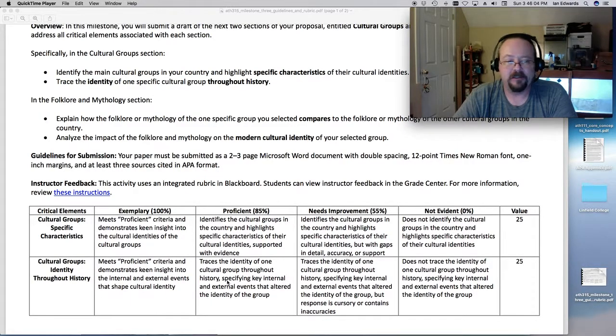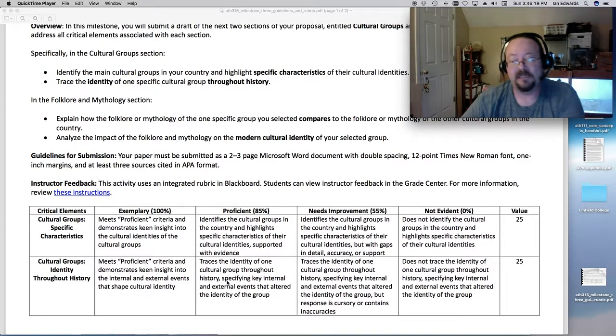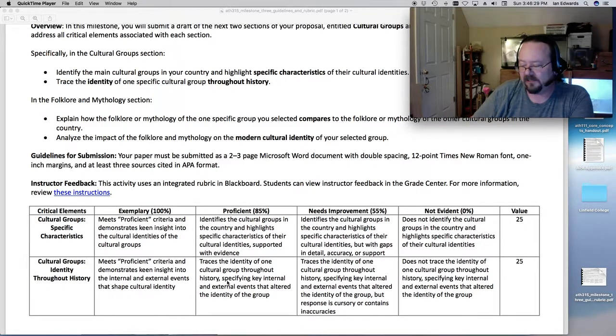So using my example of Native Americans in the U.S., they were profoundly impacted by, an external example would be European colonization, all these different groups that came, and manifest destiny, after the states established their independence from Great Britain.